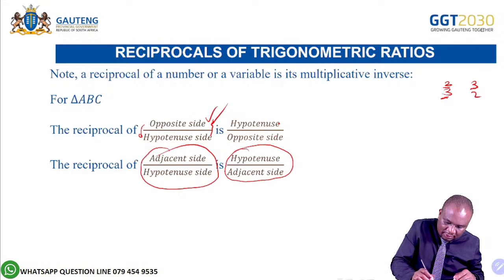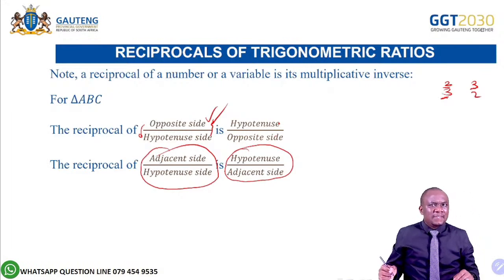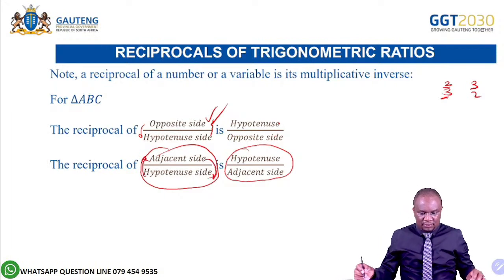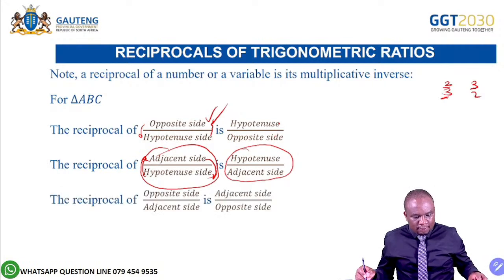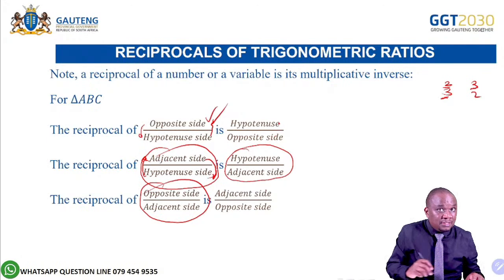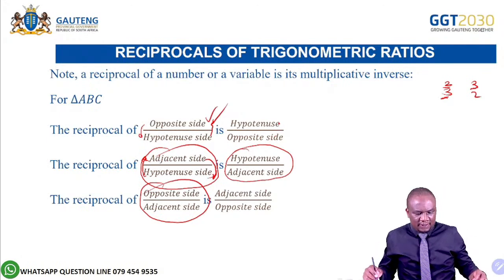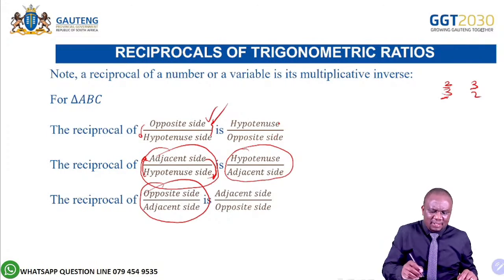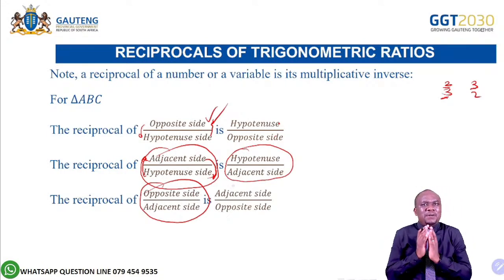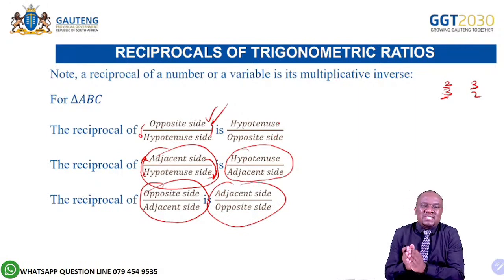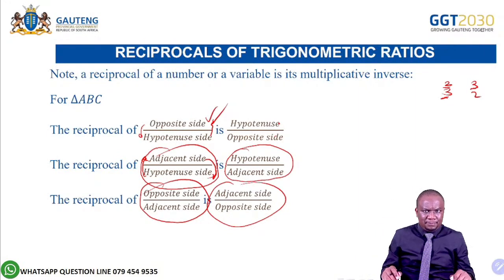This goes down, this goes up. Please don't write this, I'll give you just short notes that you're going to write. And then the reciprocal of opposite side over adjacent side, which is tangent of angle theta, tan theta, is the adjacent side over opposite side. That's the reciprocal.